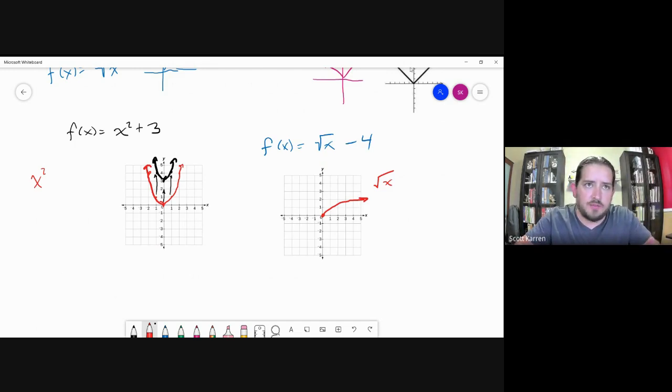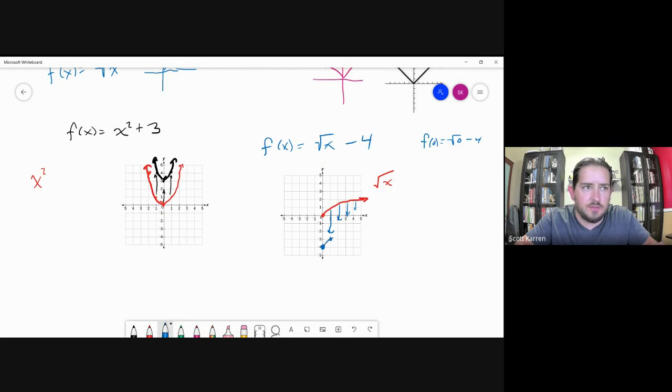For example, f of 0 up here is the square root of 0, but then minus 4. Square root of 0 is 0, so this is just negative 4. So it moves it down here. Right? But everything's going to get moved down 4. This entire graph, every single one of these values gets moved down by 4.